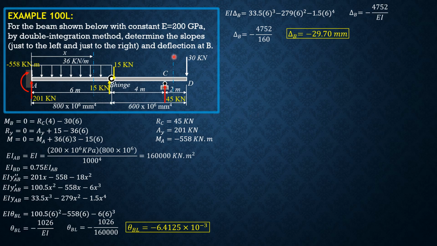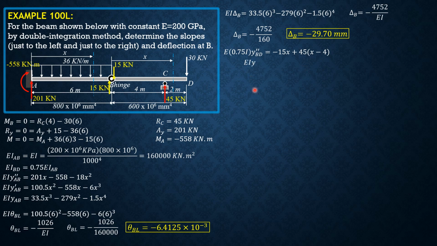So let's have this section, and this is our origin, which is at B. There's no problem because we already know the deflection at B. Because this is the origin, the constant C sub 3 would be the slope just to the right, and C sub 4 is the deflection at B. So the equation is E times 0.75I y double prime BD is equal to negative 15 times x plus 45 times x minus 4.